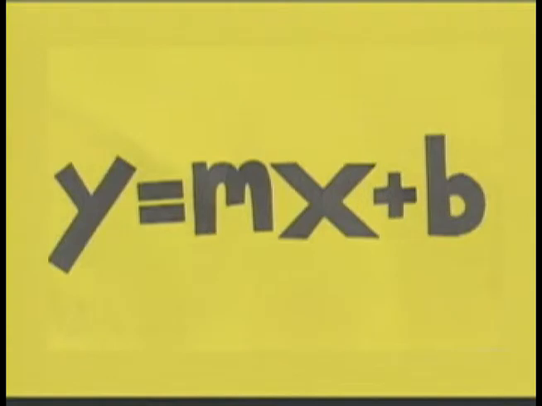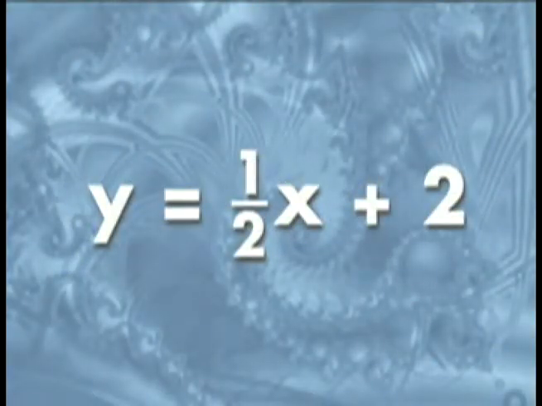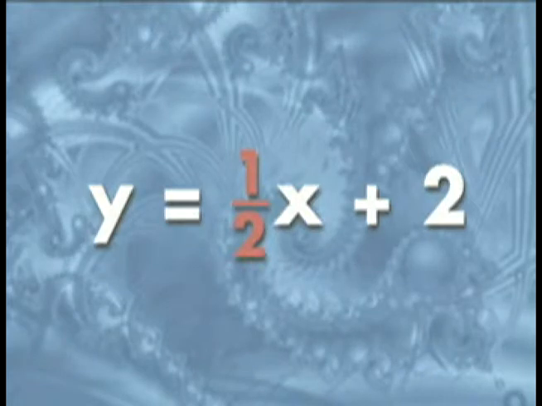And b is the constant term, or plain number, that is added or subtracted to the x term. So, in the slope-intercept equation y = 1/2 x + 2, the coefficient of x, or 1/2, is m. And the constant term, or 2, is b.